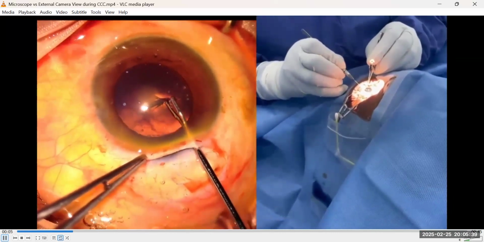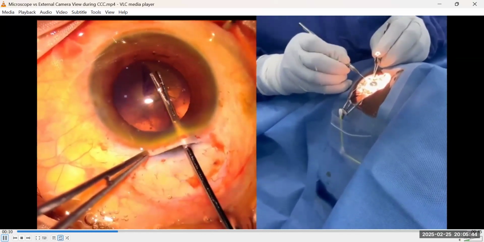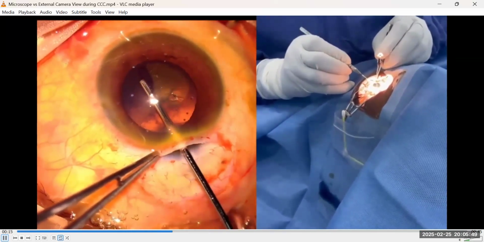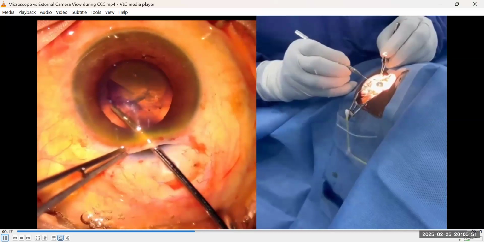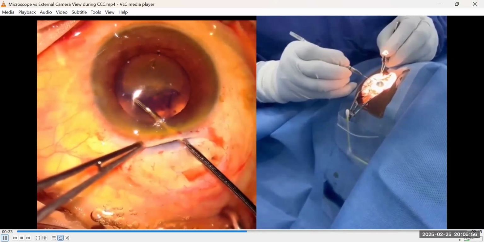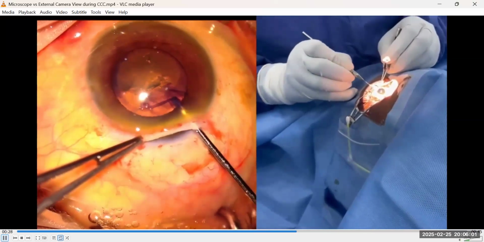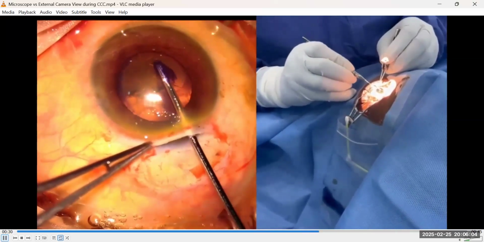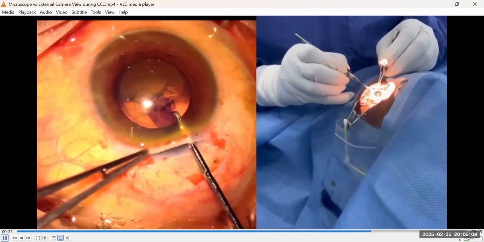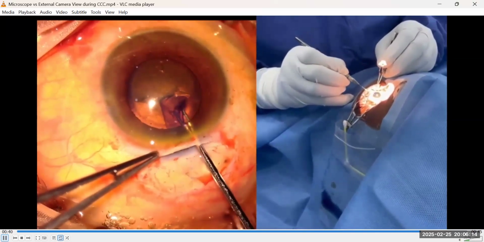In the external camera view, my support is just a finger. It is not wise to rest all of your hand or support on the forehead of the patient. When you do that, your range of excursion in and out is limited. But if it is just a finger or two for support, you will discover it is easier to move from fulcrum to fulcrum.